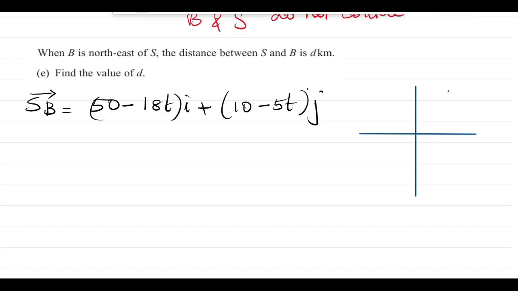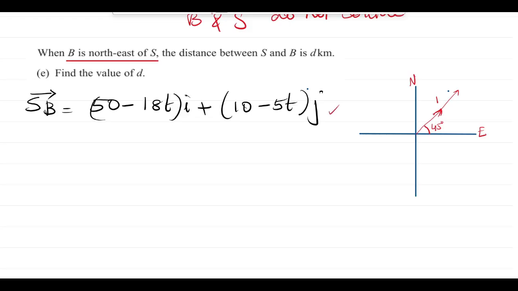This is the last part of the question. When B is northeast of S. Where is northeast? This is north, this is east. The angle of northeast is 45 degrees, and tan 45 degrees is 1, so the gradient of SB equals 1.